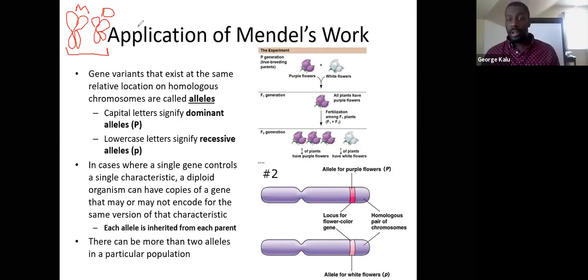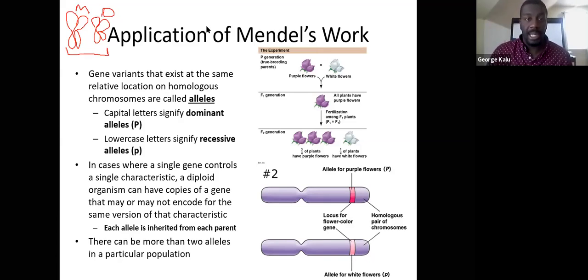Our cells are going to have homologous chromosomes in them, and these chromosomes will be inherited from our parents, one from mom and one from dad. Our chromosomes are going to have several hundreds of genes, sometimes even thousands of genes, and each of these genes is going to code for a specific characteristic in a particular organism.